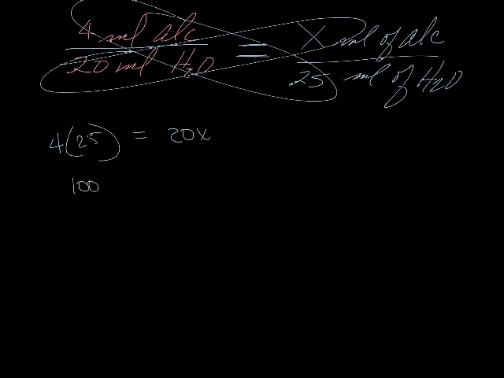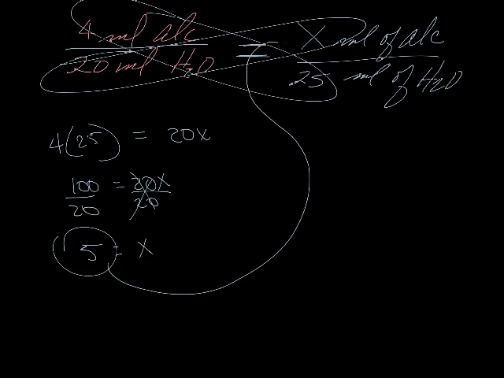So 100 equals 20x, divide by 20. Those become 0. 100 divided by 20 is 5, equals x. So 4 milliliters of alcohol per 20 milliliters of water is the same as 5 milliliters of alcohol per 25 milliliters of water.